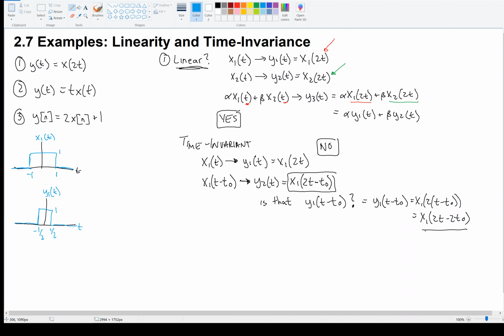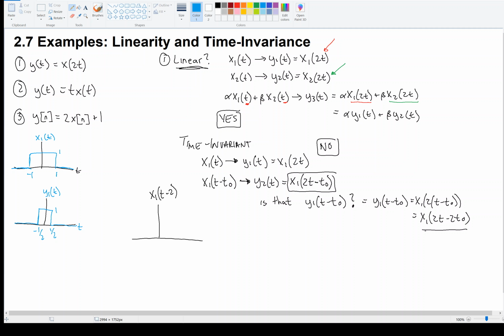Okay, now let's say I put in x1 of t, but I delay it by, let's say, 1 unit, or let's say I delay it by 2 units. So this will be x1 of t minus 2.